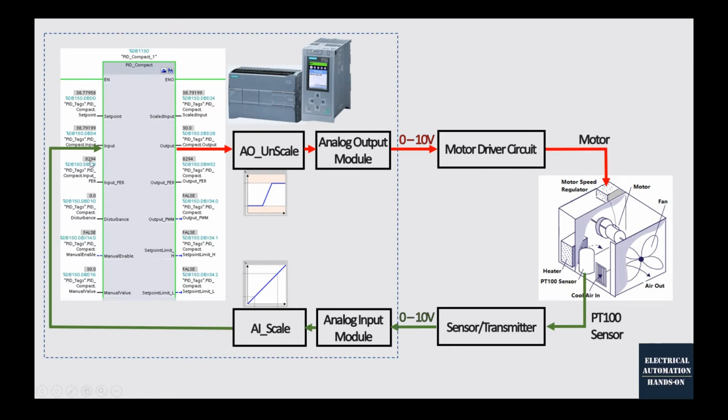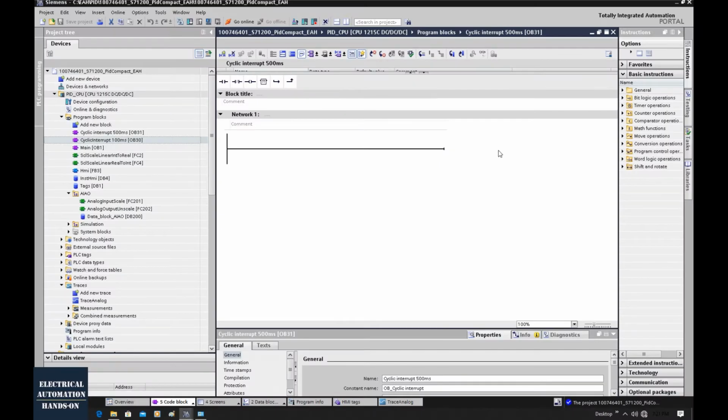So in this video, we will mainly introduce the detailed settings and how we can program this PID underscore compact. As we introduced from step 1, the first video, we already have one sample program. That sample program can be downloaded by this ID number from the Siemens support website. The sample PID program comes from the cyclic interrupt OB30.